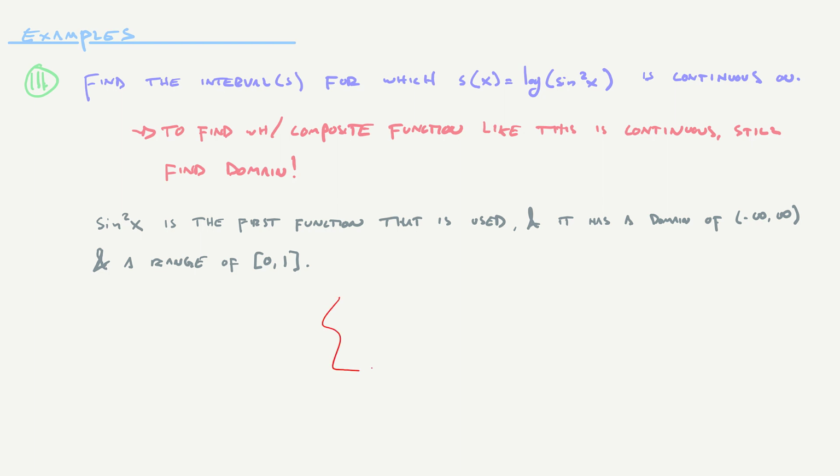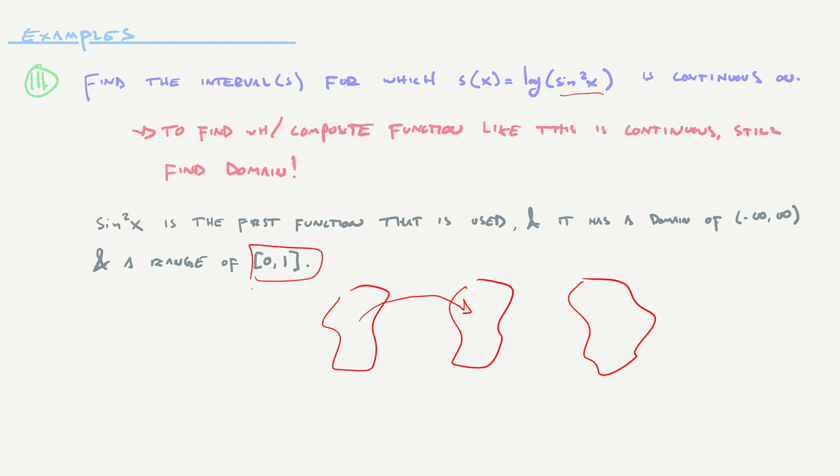Composition functions is that thing where you have three different sets. You're starting in the domain, in this case, of sine of x, and then that maps you somewhere to the range of sine of x, which, by the way, is really small comparatively to its domain.